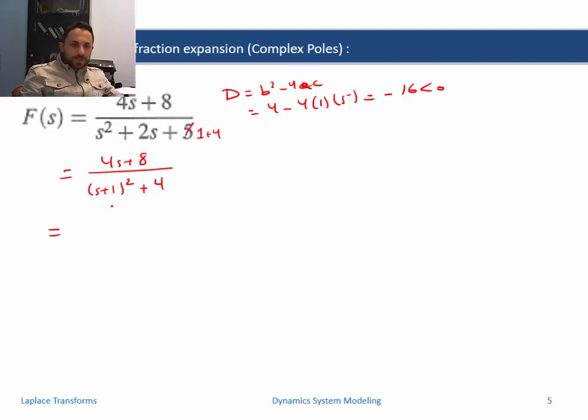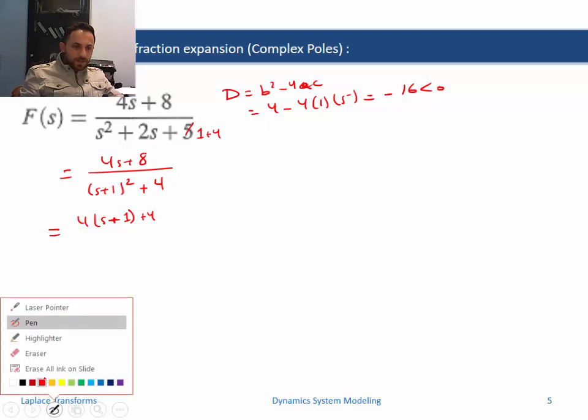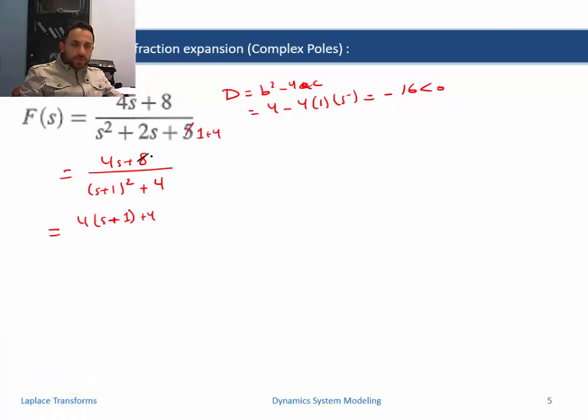Then I can factorize the upper term, which is 4s plus 8. I change the 8 into 4 plus 4. Then I take the common factor between those two terms.